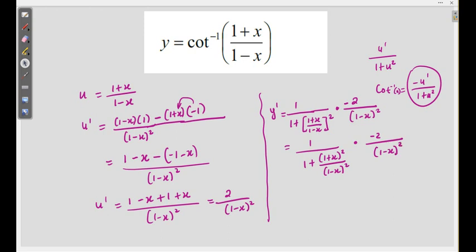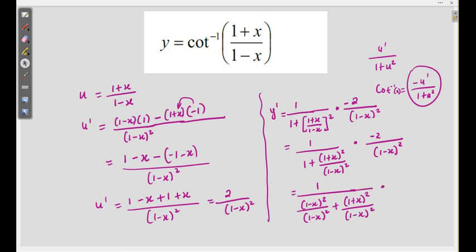Remember what I said, do not rush to simplify this, right? Work with it as it is, right, with that squared. So the 1, remember we said we're going to express it in terms of the denominator, right? So you're gonna have 1 minus x all squared divided by 1 minus x all squared plus 1 plus x all squared divided by 1 minus x all squared.